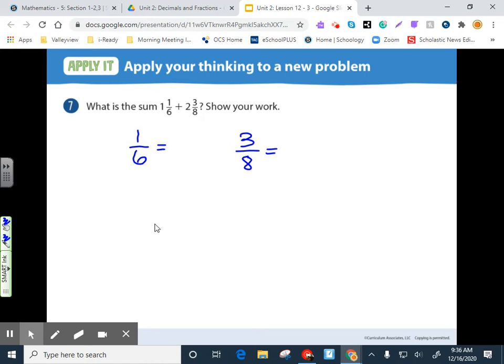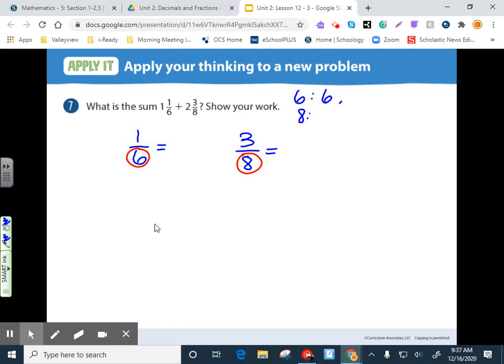We have to find a common denominator. Now we could go straight into it and just multiply 6 times 8 and give us a denominator of 48, or you can find a smaller one, which gets rid of our step for reducing, by listing the multiples for 6 and 8.